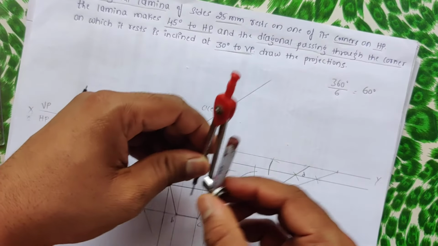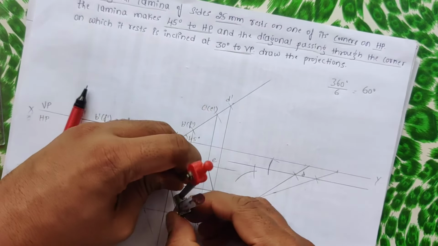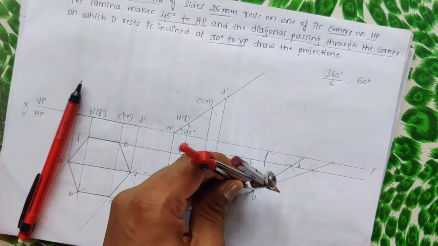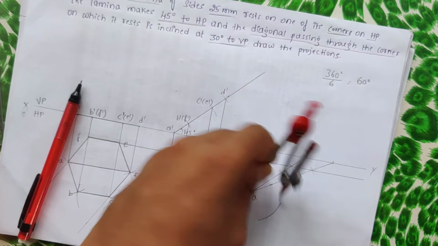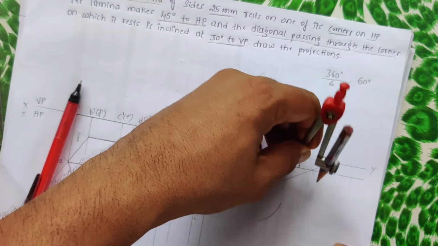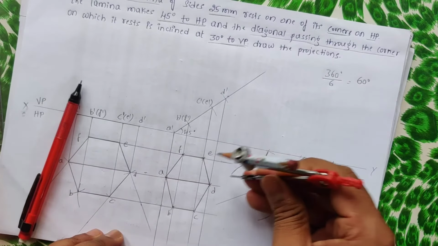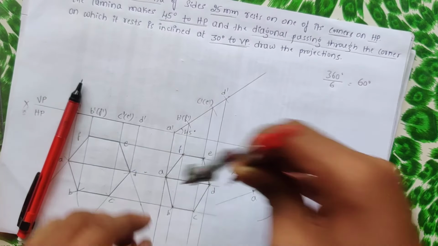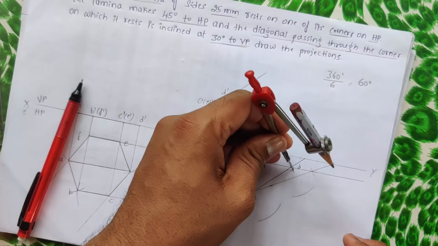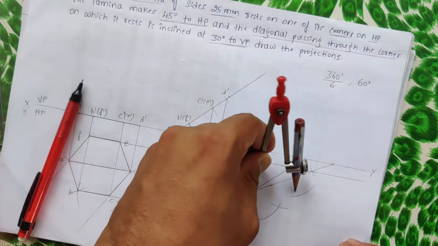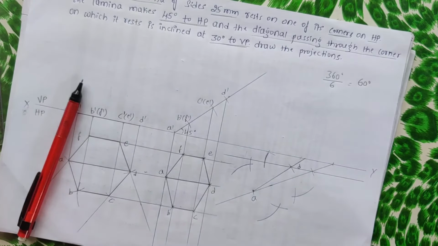Similarly, A to B. Yes, so cut it here, A to B. Also D to C is equal to A to B, right? So D to C, cut it. And then consider D to B. And one more thing here is D to B is equal to A to C. So first cut D to B and then A to C. So we got all the four intersections, right?